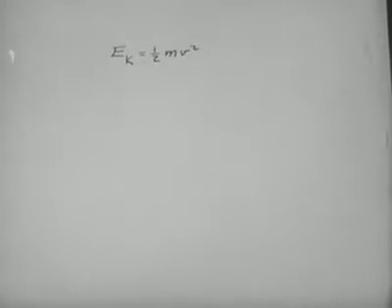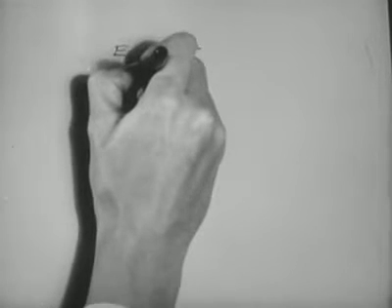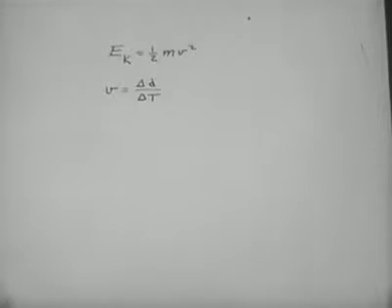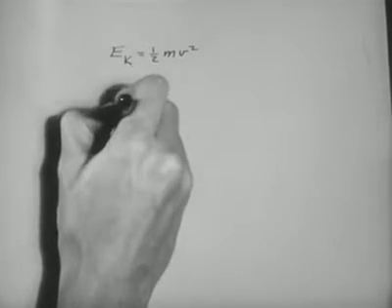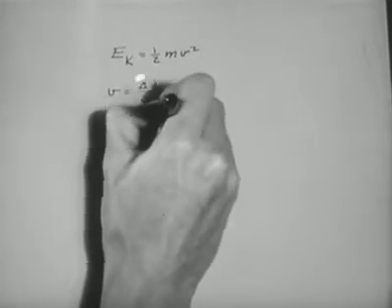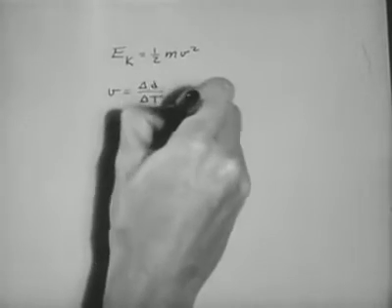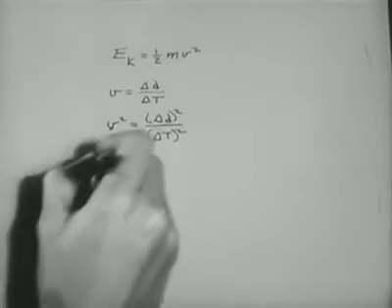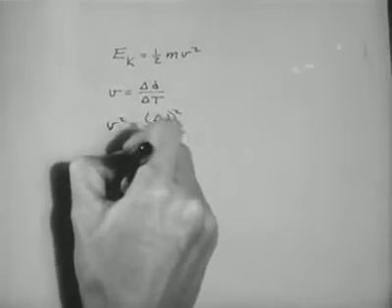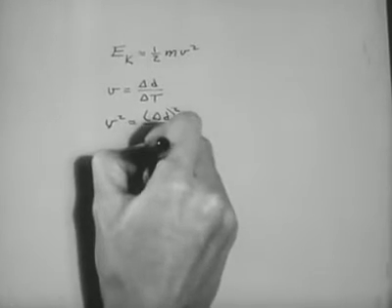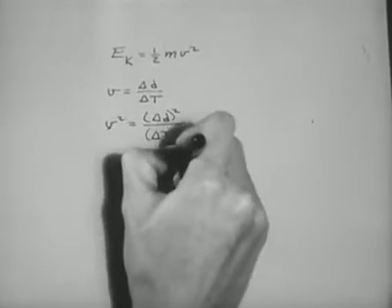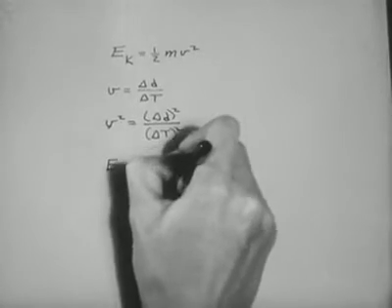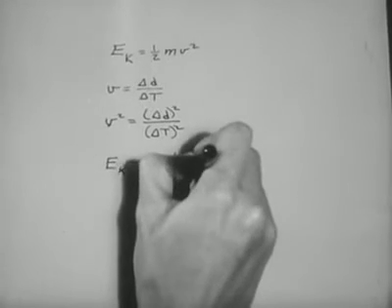And the average velocity during each interval is delta D divided by delta T. The velocity squared is delta D squared divided by delta T squared. Now, the kinetic energy is 1/2 m delta D squared divided by delta T squared.